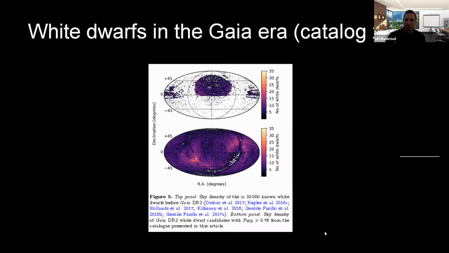Before Gaia, there were approximately 33,000 white dwarfs known, and now the number is almost tenfold. It's 260,000. So this is leading to a lot of follow-up observations and an enormous amount of exciting discoveries in recent years. All of a sudden, we discover more white dwarfs and so on.